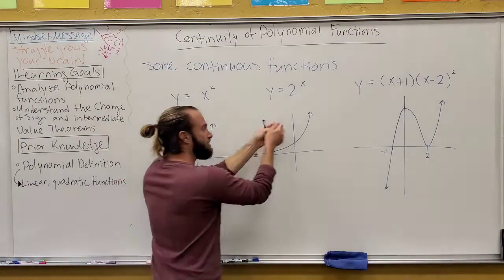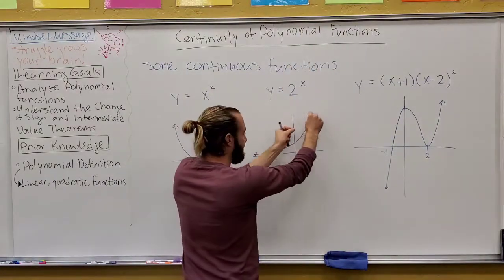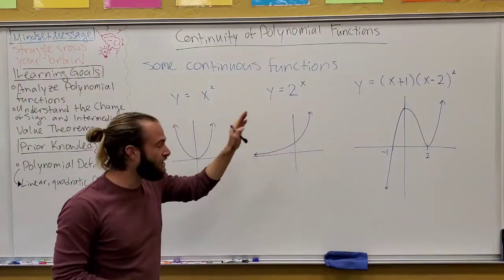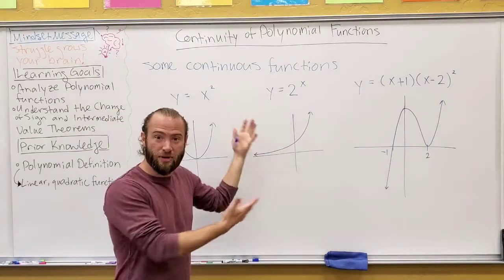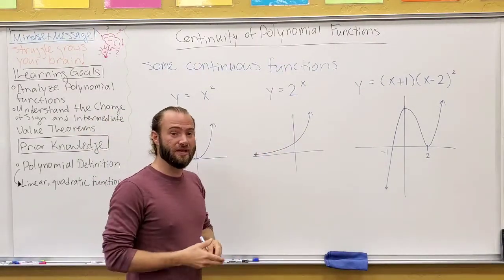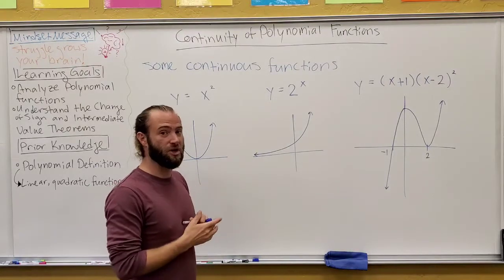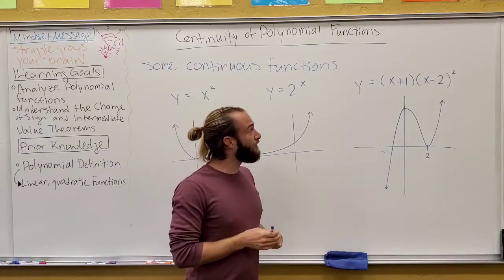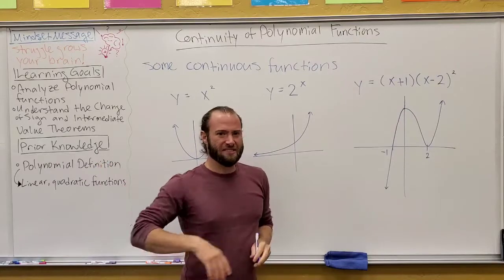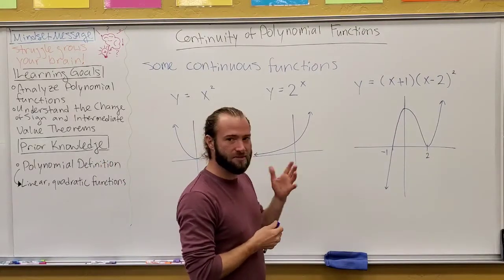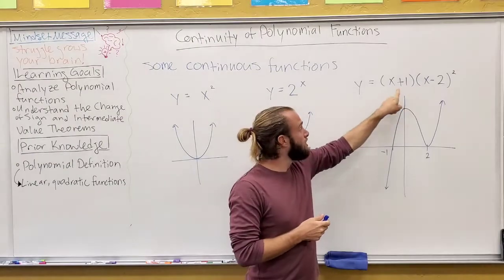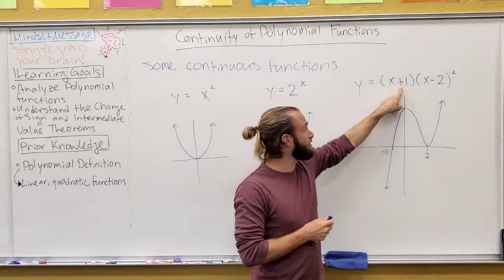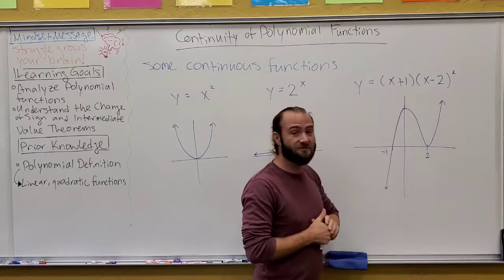And again, they just continue on forever, and there's never any issues you get to if you're traveling along that curve. This one is not a polynomial, so I just want to point out an example of something we've seen before that is continuous, but it's not a polynomial. And then another polynomial, and we've seen this in our last lesson, we talked about some examples like these. This one is fully in factored form, which means we know the x-intercepts, in this case -1 and +2.